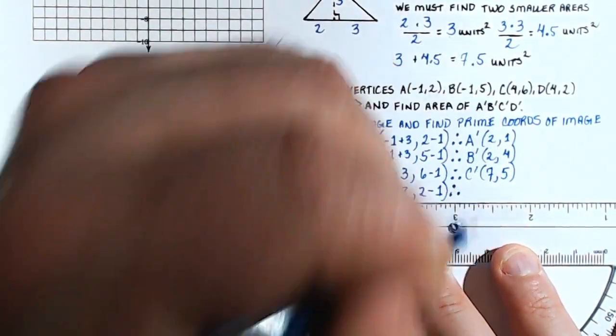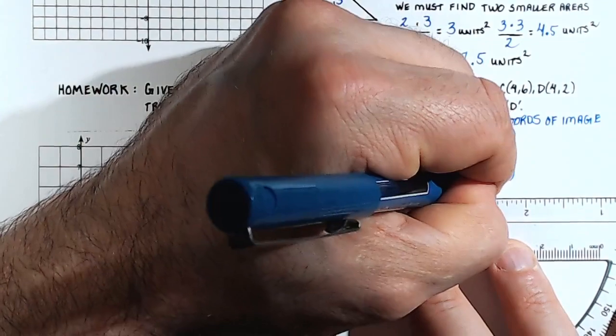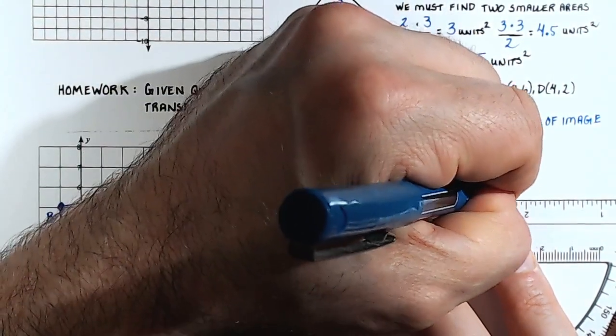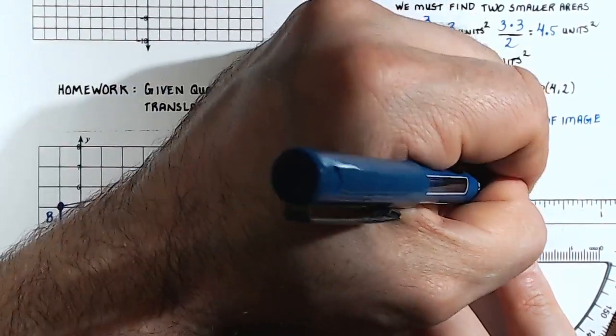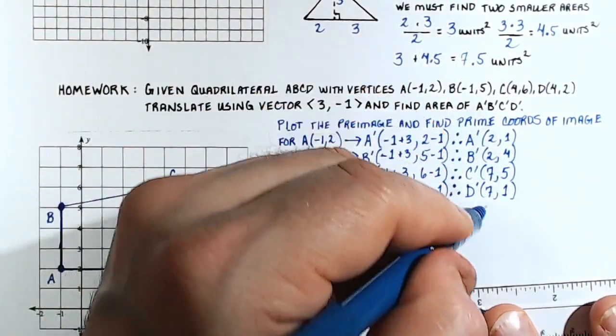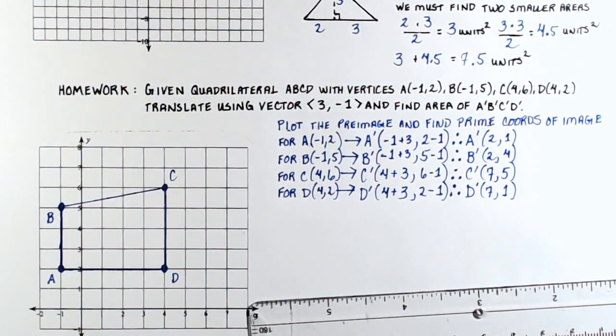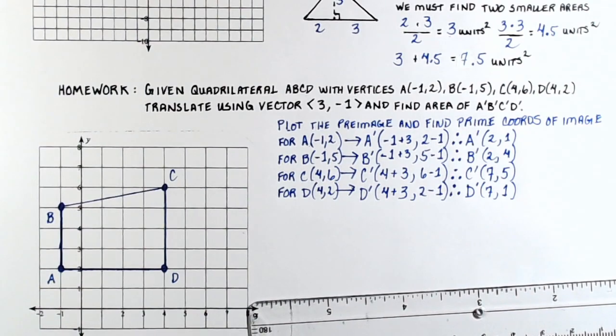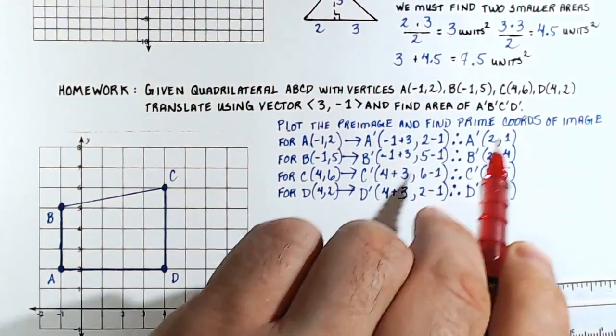Therefore, D prime is located at 4 plus 3 is 7, comma 2 minus 1 is 1. All right, so now I've found all 4 coordinates of the image following the application of the vector rule. So a translated image is going to be located at these coordinates.